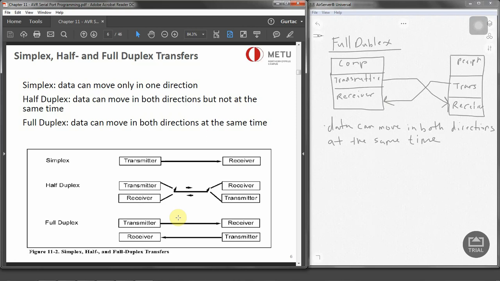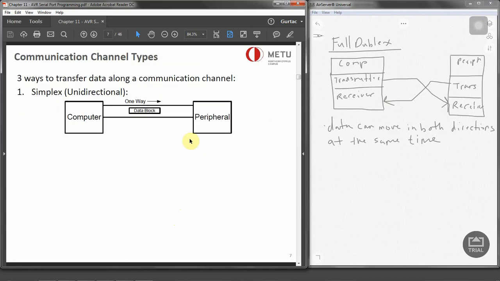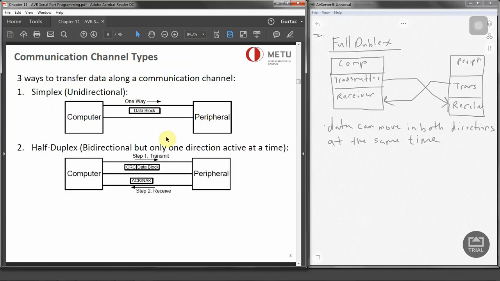Now, the next thing that we are going to see is how these communication channels are using the medium. So with the simplex, it is unidirectional. Only the data block is sent from the computer to the peripheral. With the half duplex one, as we are sending the data block with CRC codes, the peripheral is also sending the acknowledgement or not acknowledgement on the other side, but it has to be activated one at a time.